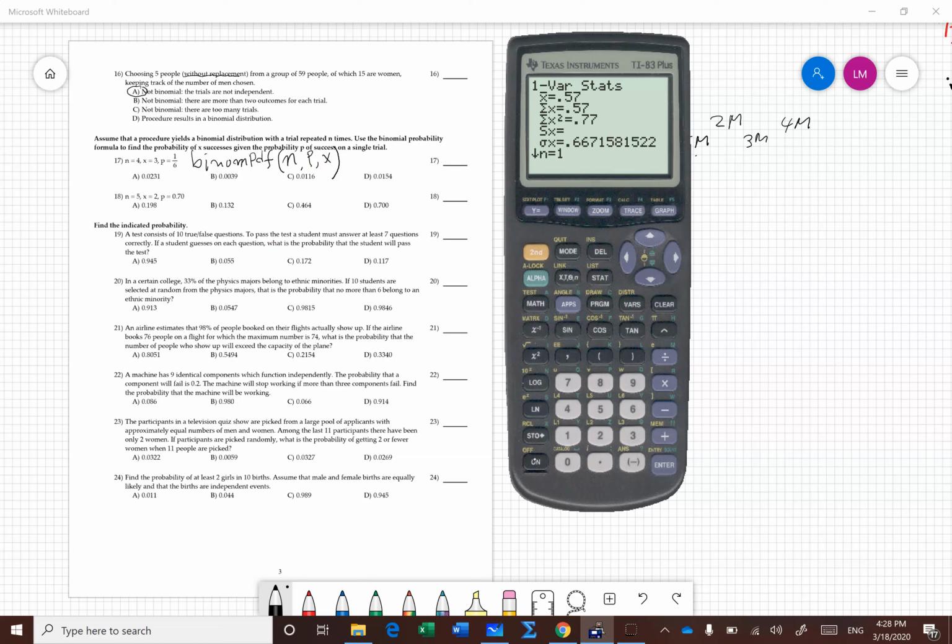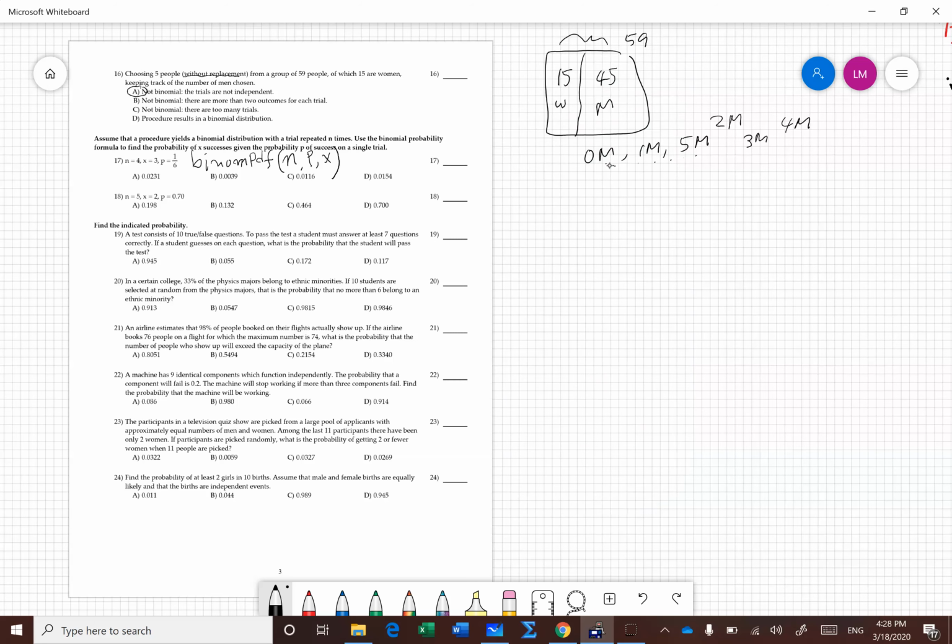Oops, let me turn on the calculator. So second bars, you see, you gotta go down a little bit. You need to see binom PDF, okay? Binom PDF. And then they have a parenthesis, so you need to put, binom PDF and one number. You gotta put 5, 1, 6, and 3, okay?